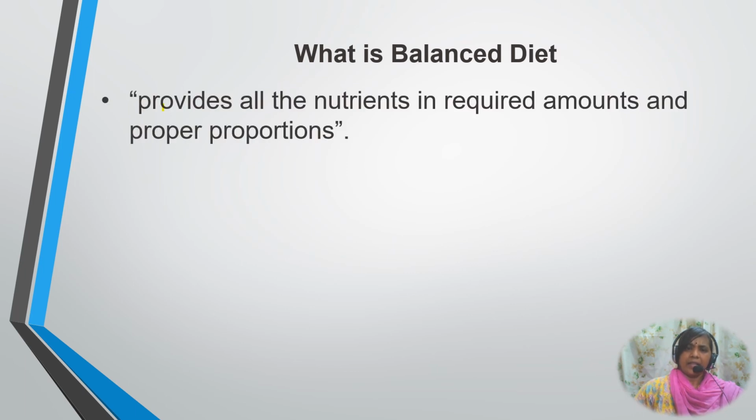So moving further, let me also explain what a balanced diet is. A balanced diet is one which provides all the nutrients in required amounts and in proper proportions. Then how to achieve this balanced diet for an individual?